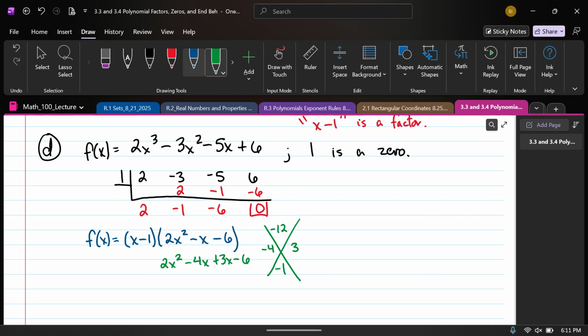And I'm just writing them in there, and I'm grouping. First two together, the GCF of 2x squared minus 4x would be 2x. That leaves me x minus 2. And then the GCF of 3x minus 6.